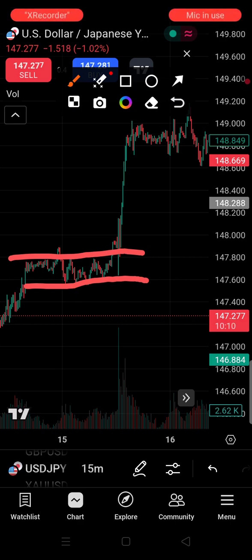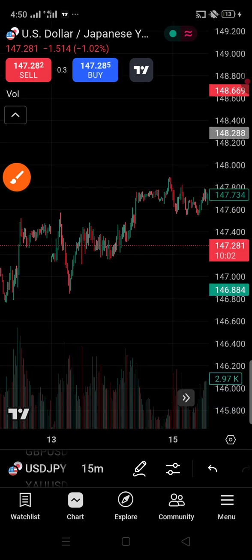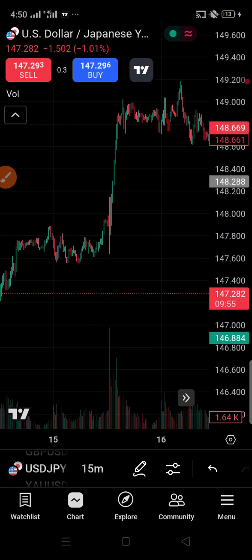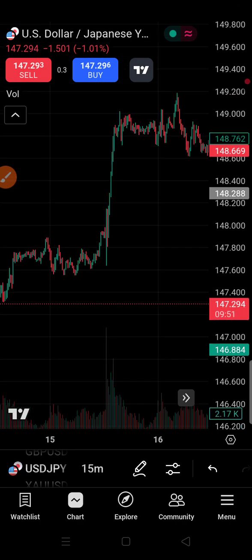When you go back to this chart, you discover that there was a strong trend, but here we are having a consolidation. So we waited, and then see what price did.